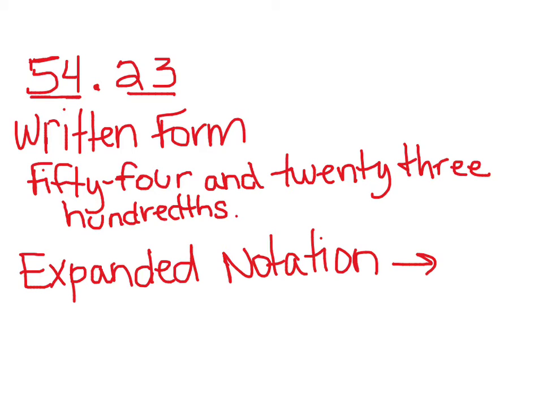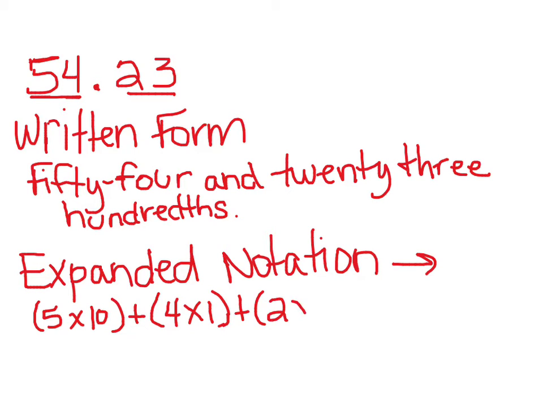Okay, that's written form. Expanded notation, you should have said 5 times 10, because the 5 is in the tens place, plus 4 times 1, because 4 is in the ones place, plus 2 times 1/10, tenths place, plus 3 times 0.01, because it ends in the hundredths place.